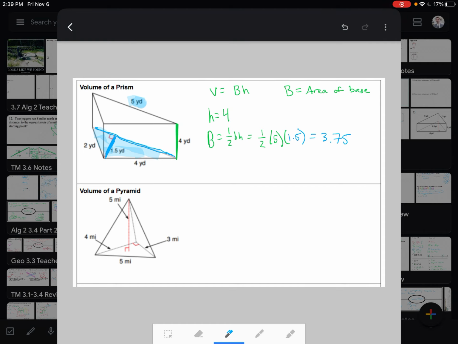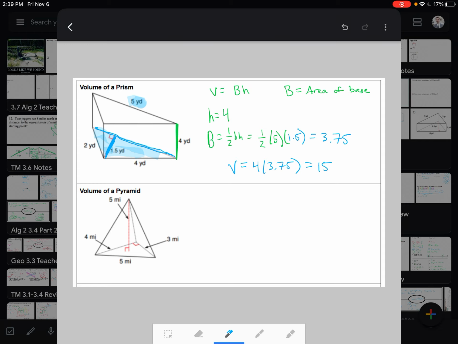So the area that's shaded in blue, the shape that we're basically pushing up and down to make our 3D prism here, is 3.75. Our height is 4, so the volume of this shape is going to be 4 times 3.75 for a total of 15.